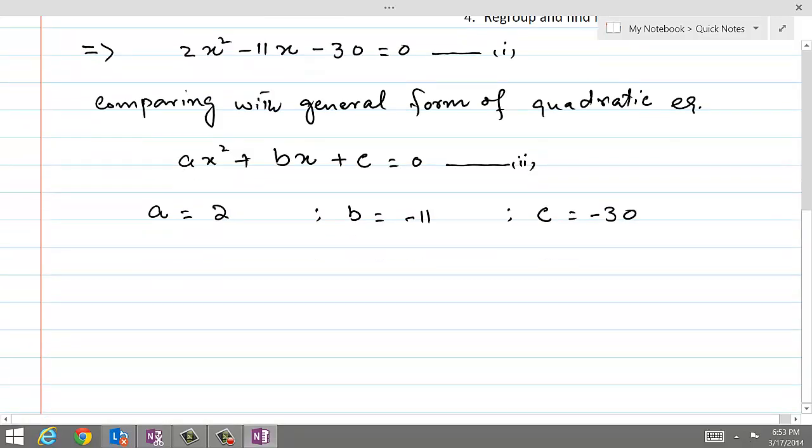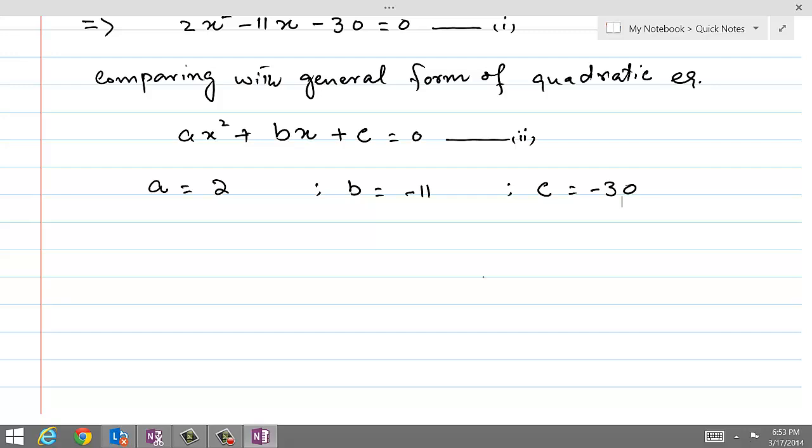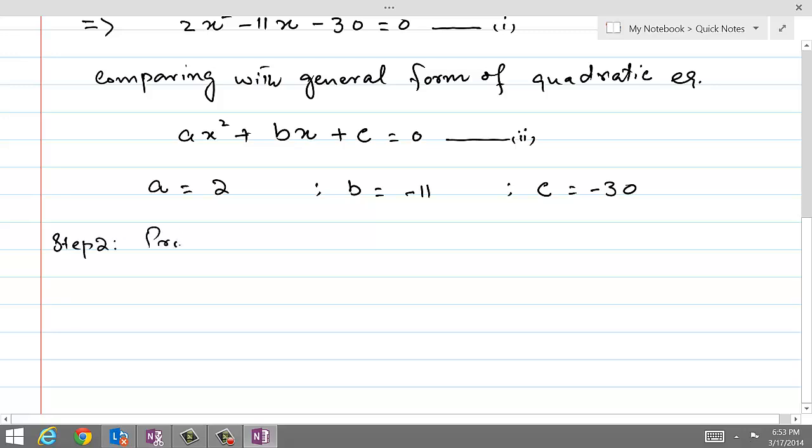And for step 2, we will be finding the value of the product AC. The product AC means the product of the values of a and c, which is 2 times minus 30, and this is equal to minus 60.